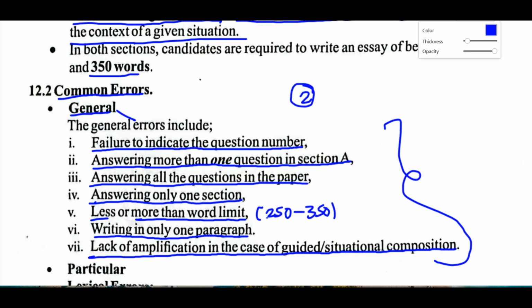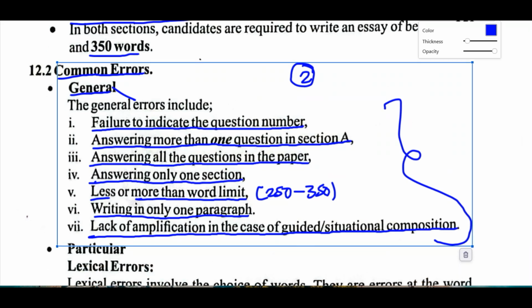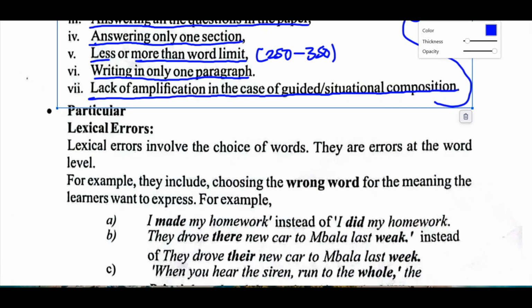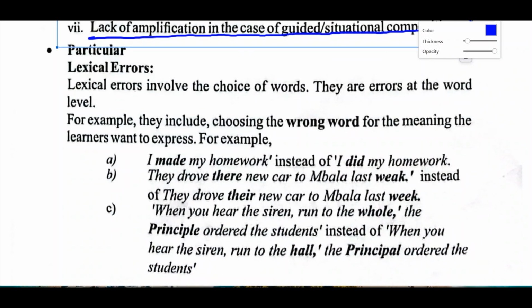So let's move on from common errors to lexical errors. Lexical errors involve the choice of words. This is where you make a sentence incorrect by using an incorrect word in a particular sentence.